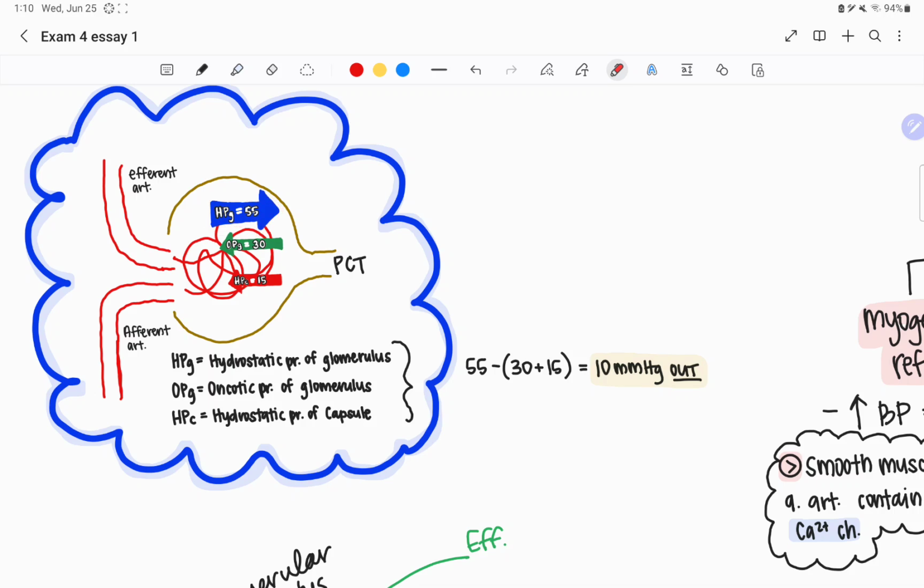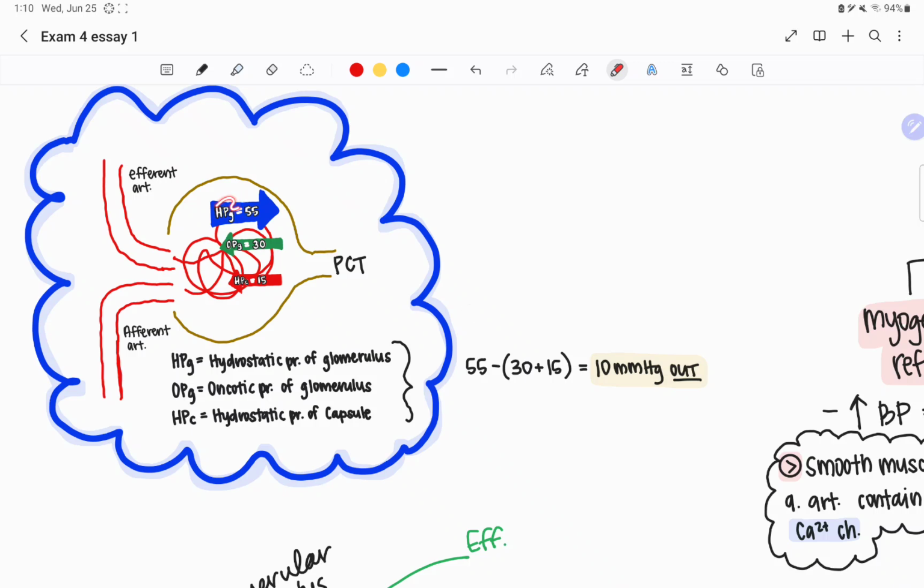I guess it was a little higher than that, it was usually in the 40s. But anyways, it's quite a bit higher here in the glomerulus. And that's why those mesangial cells are so important: they give some structure to them so they're not rupturing all the time. But that's also the reason it's so important for us to maintain blood flow to our glomerulus so that things don't get too crazy and we don't start breaking stuff.